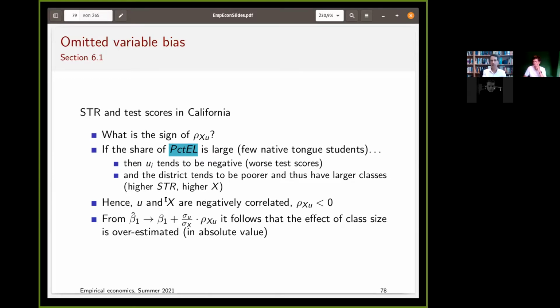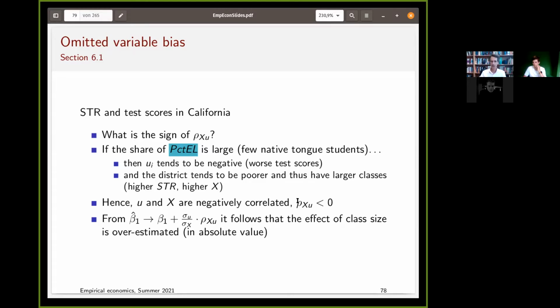And if PCTEL is small, so most students speak English well, then the u tends to be positive and the class sizes tend to be small. So positive error term and small class sizes, and we have a negative relationship between these two variables.